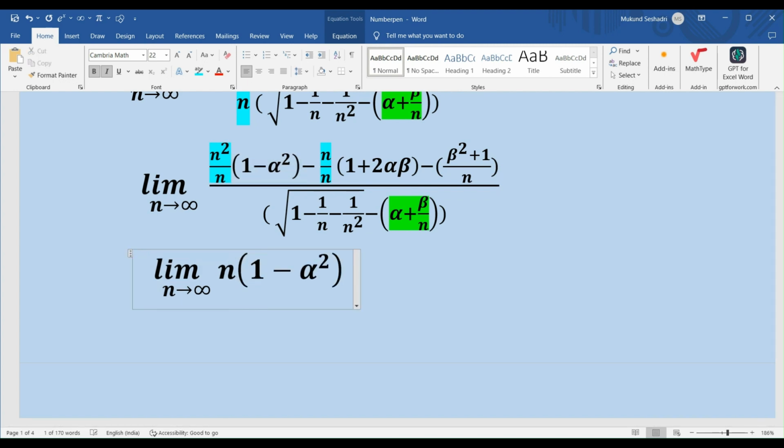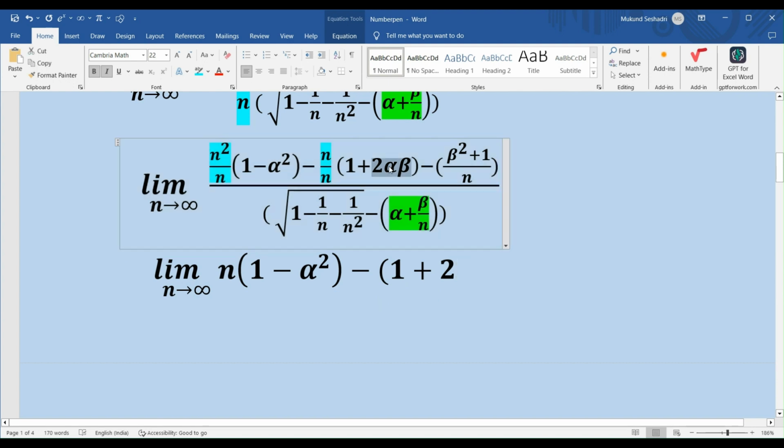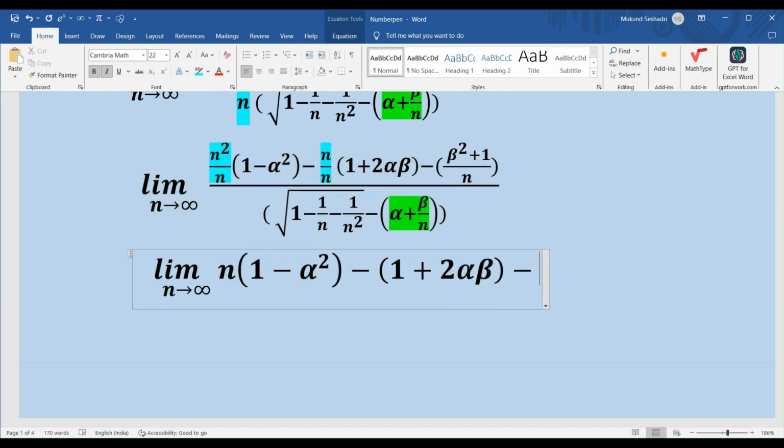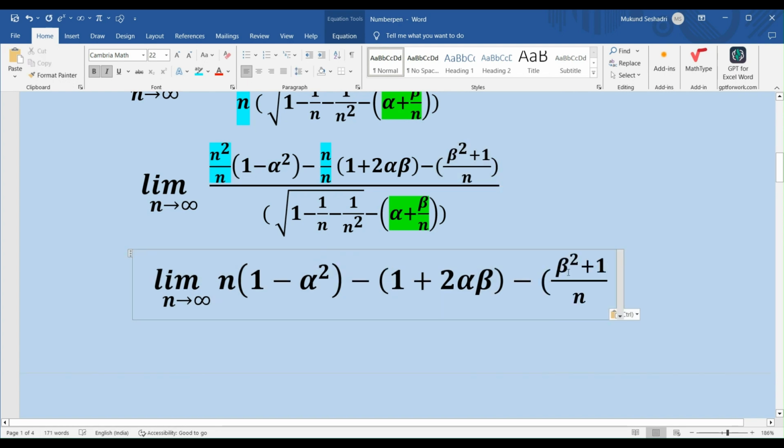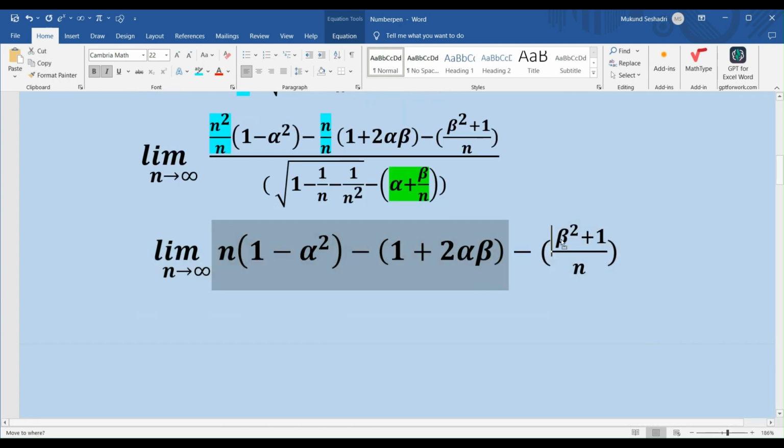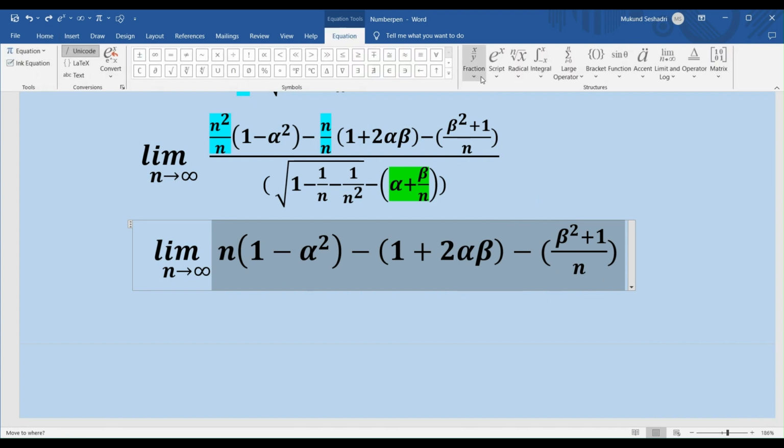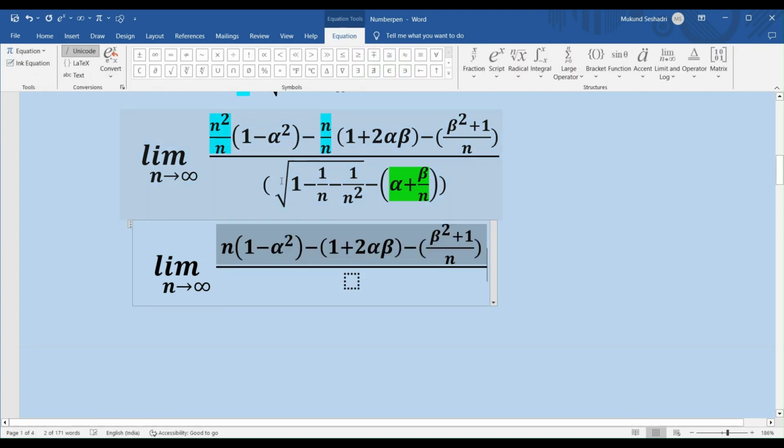It becomes minus of, I know that my n gets cancelled, so I have 1 plus 2 times alpha beta. And then my third part, I cannot do much here, so I leave it as it is, as beta square plus 1 divided by n. And remember that we still have our denominator, so let's just copy this denominator as it is before we move to the next step.